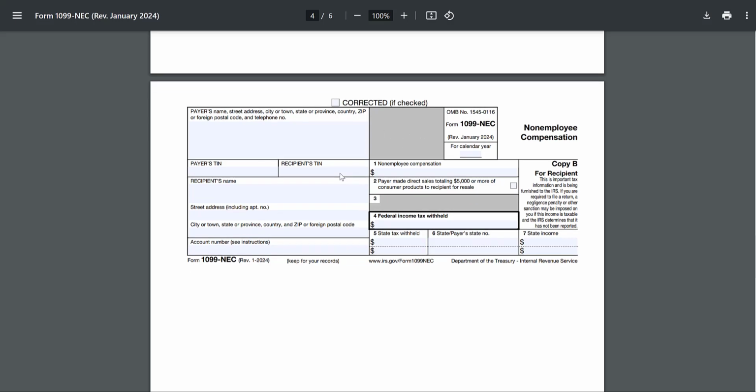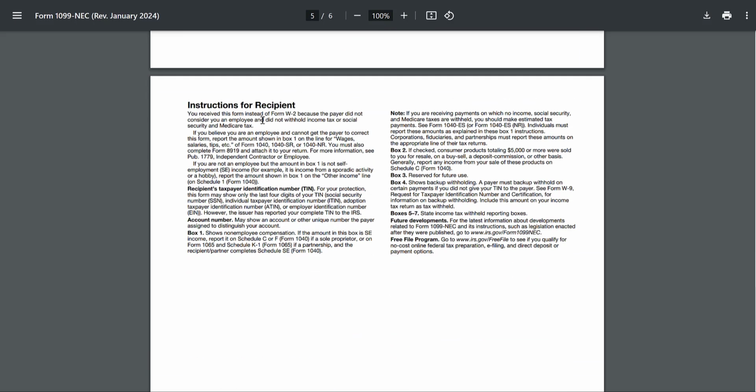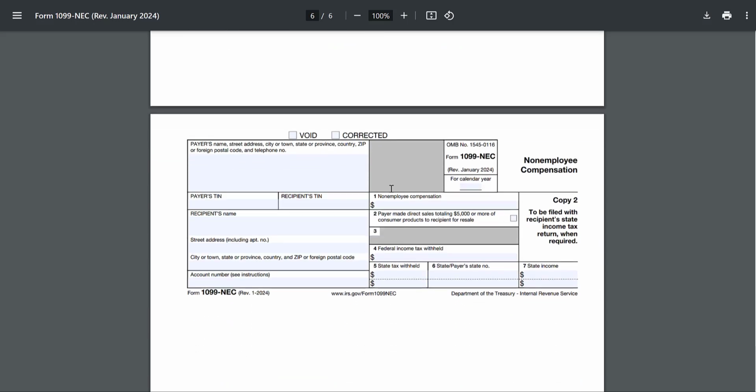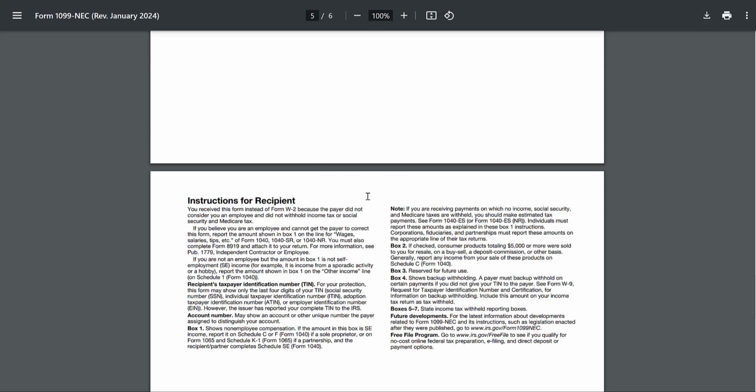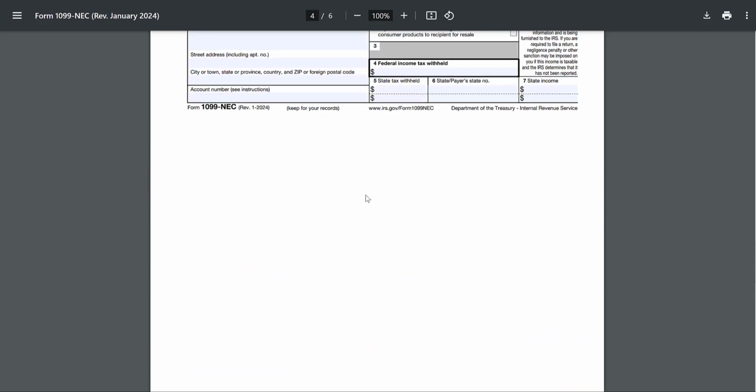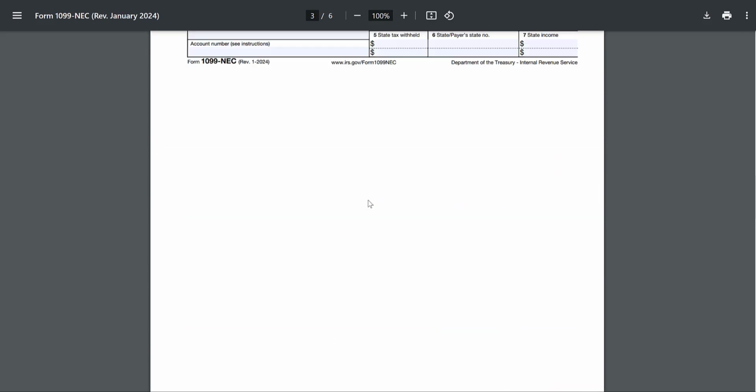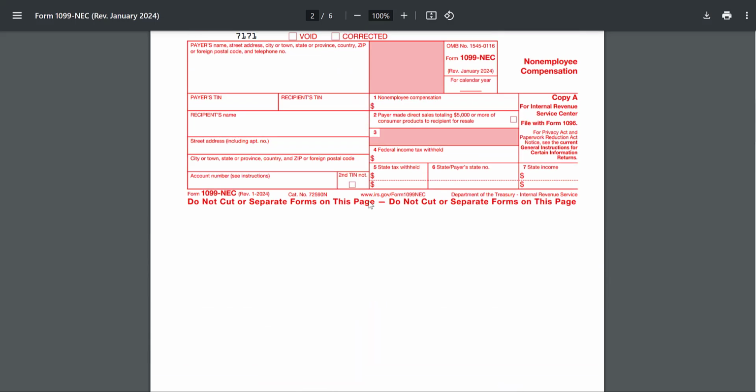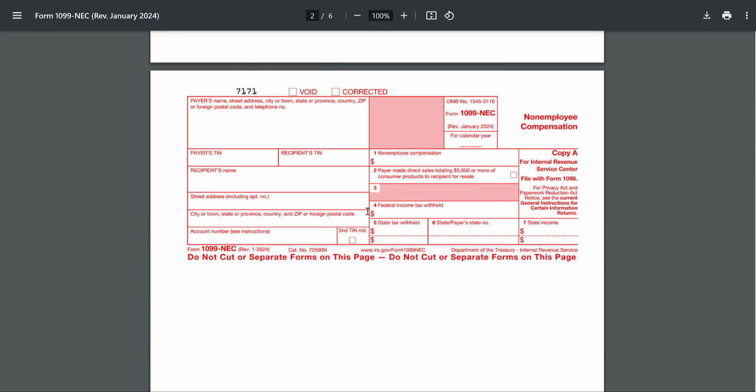This page goes to the recipient along with this page and this copy, okay? You can bundle them all up in the same envelope, the ones that go to the recipient. When you file this initial copy with the IRS, you must include a Form 1096, and I will show that to you here in a minute, okay?